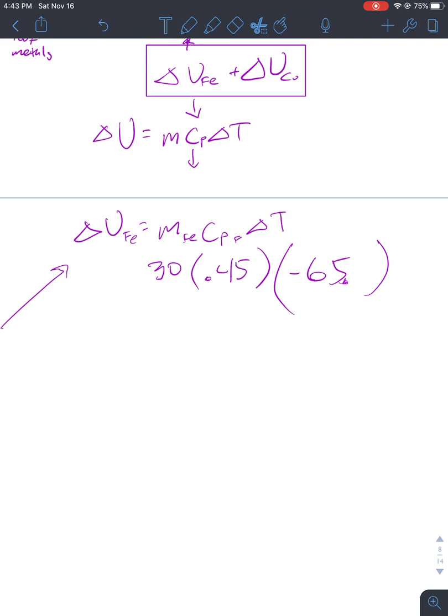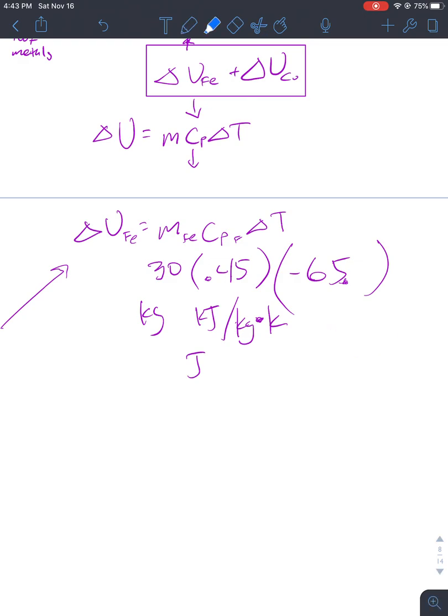Is that right? 0.45. Let's use units. This is kilograms. This is kilojoules or joules per kilogram per Kelvin. And this is delta T, which is temperature, which is either Kelvin or Celsius.